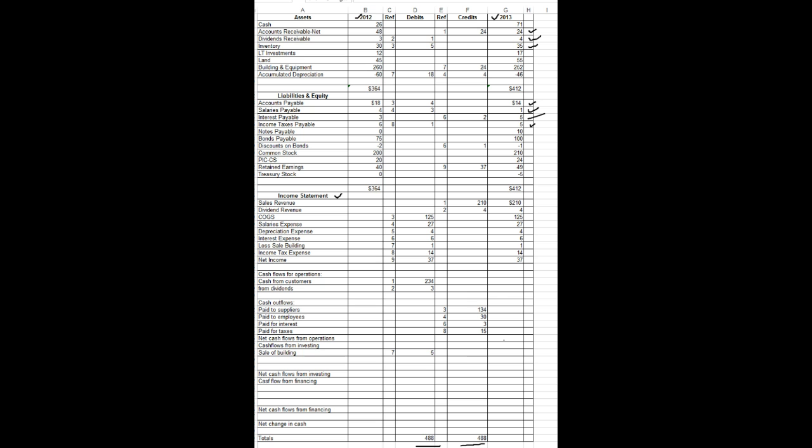So I'm all right there. Let's see if I dealt with all my income statement items. Revenues, cost of goods sold, salary expense, depreciation expense, interest expense, building loss, income tax. Yep, I've got that 14 down. And net income to balance, and it's been recorded in retained earnings.